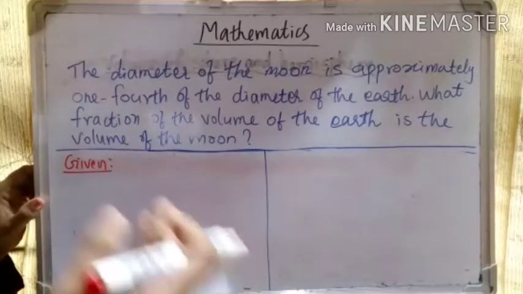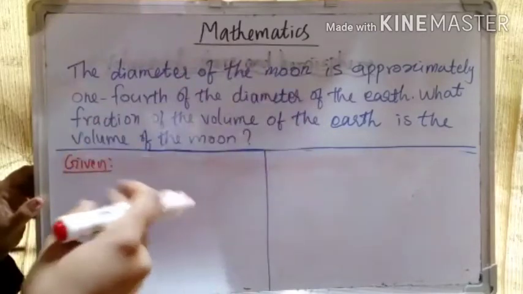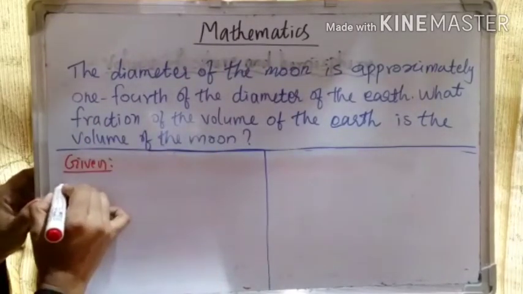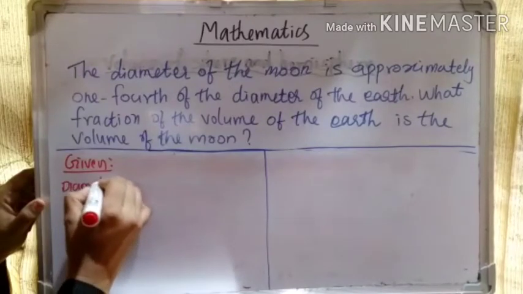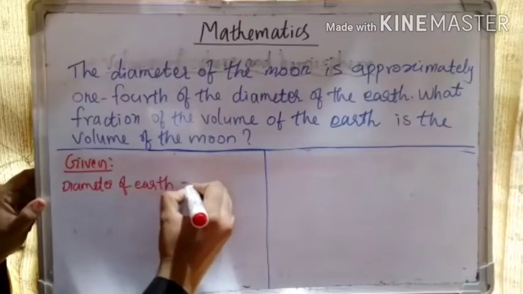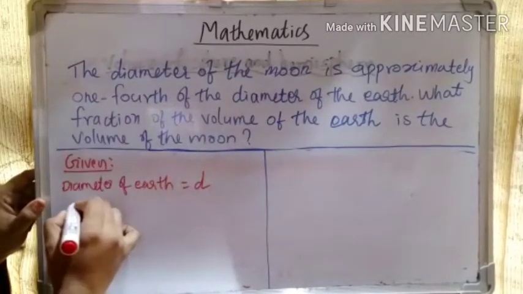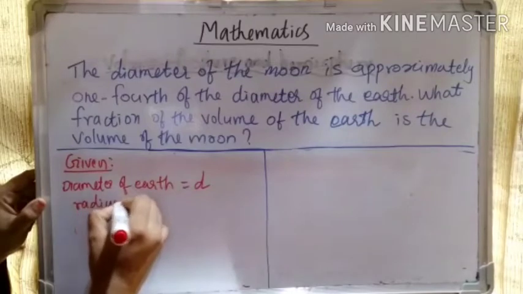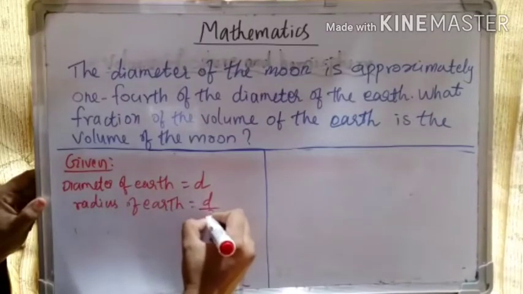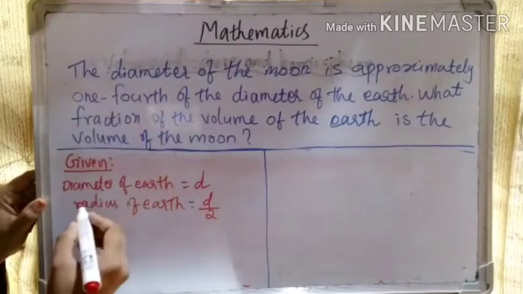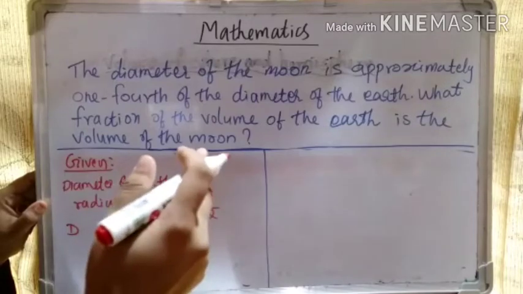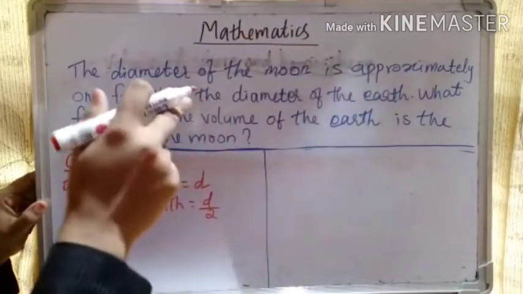Let us take the diameter of earth as d. Diameter of earth is equal to d. Then what will be radius? Radius of earth is equal to d by 2. Next, diameter of moon. Diameter of moon is 1/4 of the diameter of the earth.